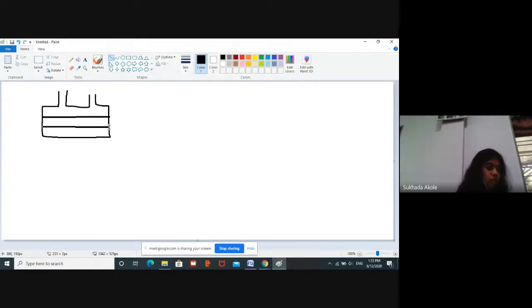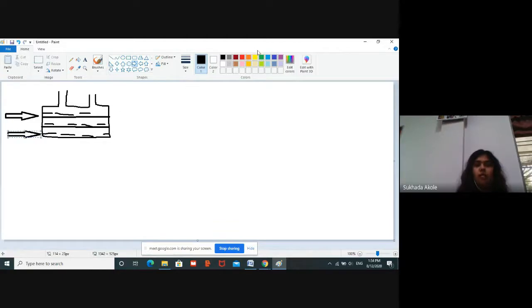I will put a membrane here and here. The basic principle is that we attach our enzyme to the membrane, so all my enzyme will be attached here. Then I will put in my substrate parallel to the axis of these membranes.